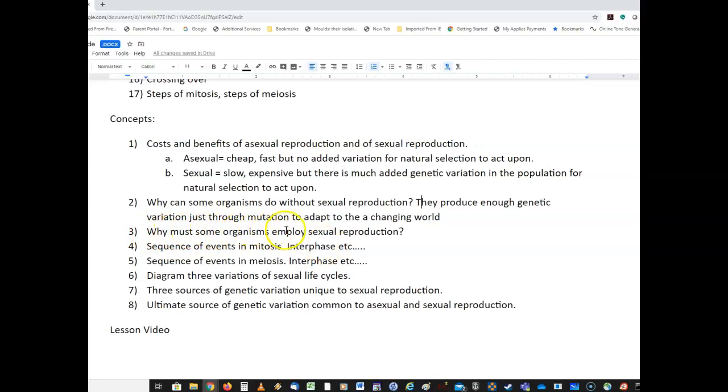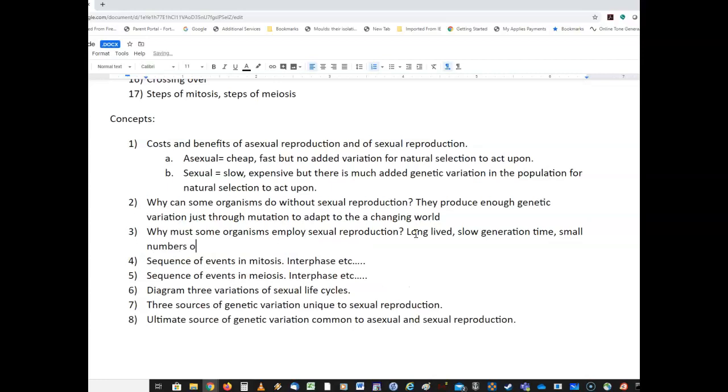Why must some organisms employ sexual reproduction? Long-lived, slow generation time, small numbers of individuals require more genetic variation in order to keep up with a changing world.